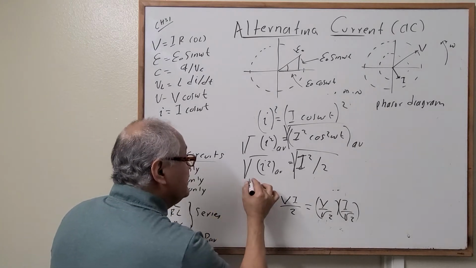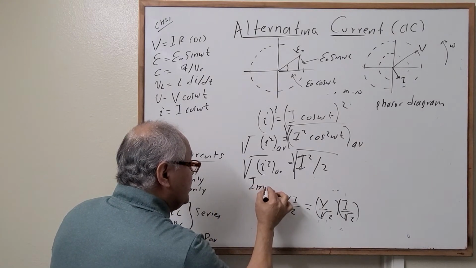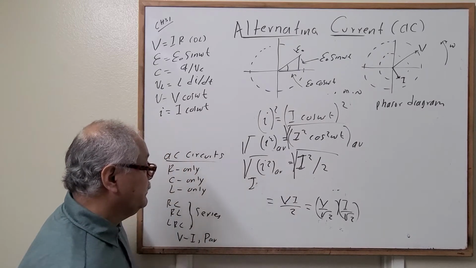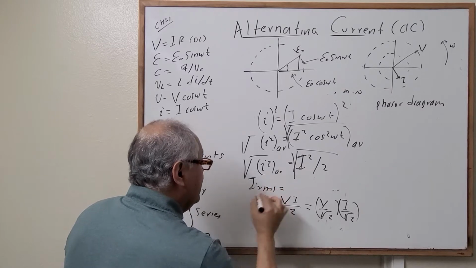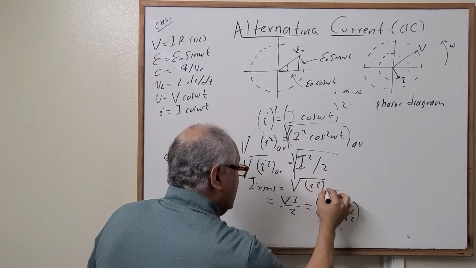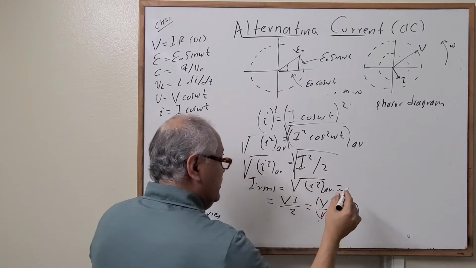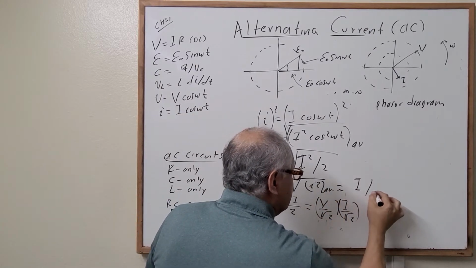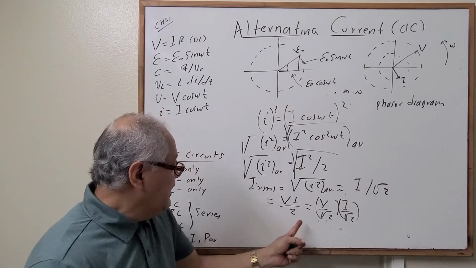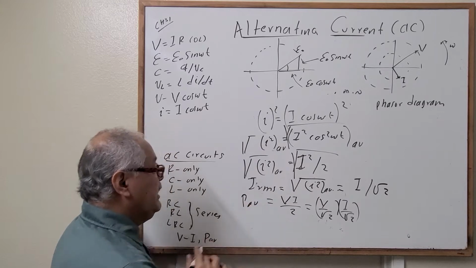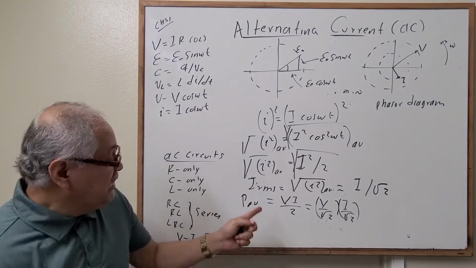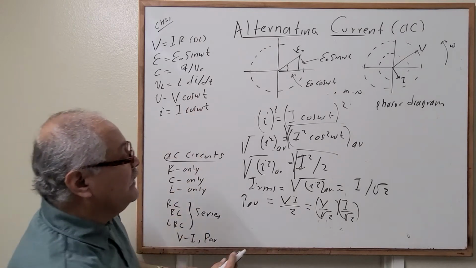It's defined as the square root of the average of the squared quantity, and this is equal to the maximum current divided by square root 2, which is related to the average power.